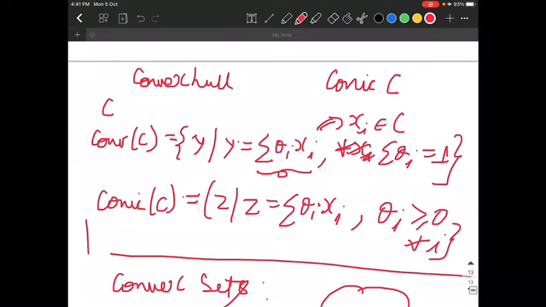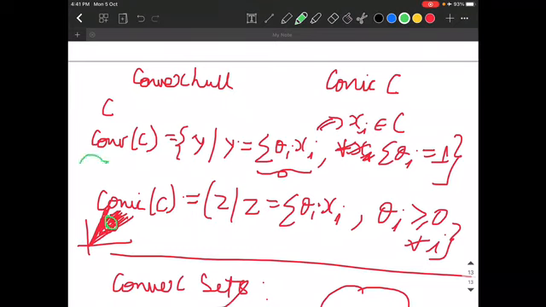Let's say we have this set. Of course this set is not a cone, because the origin doesn't lie in it. If we join this line, now this region is a cone, and this is the smallest cone that contains set C. So this is the conic hull of the set that we originally had.